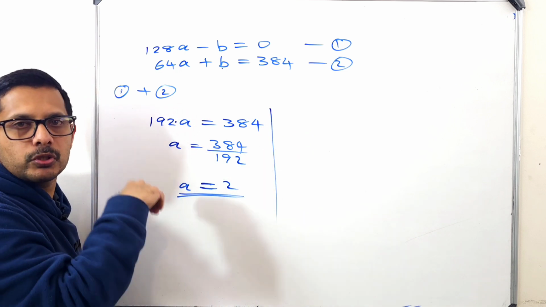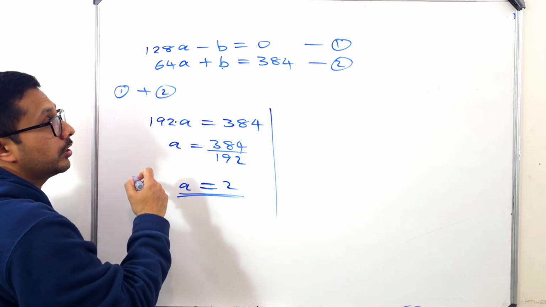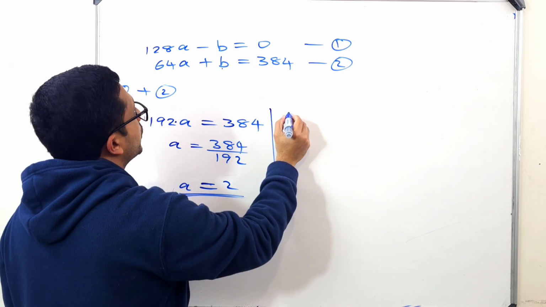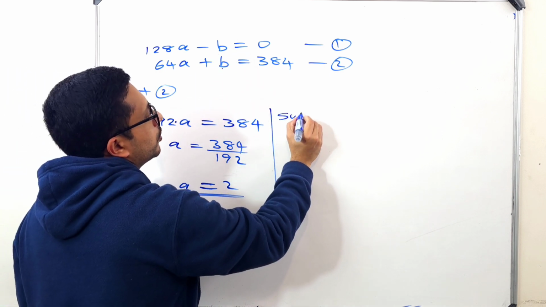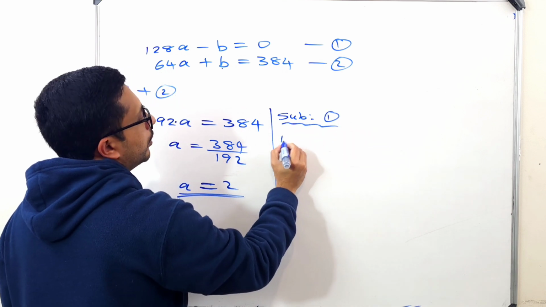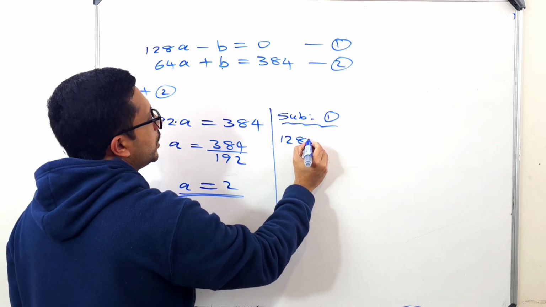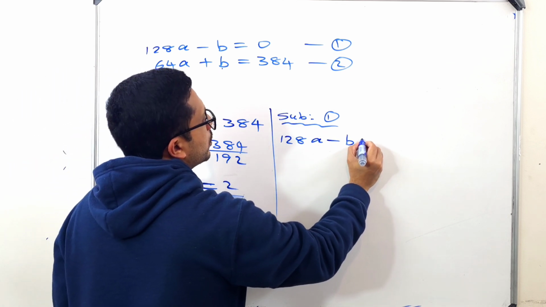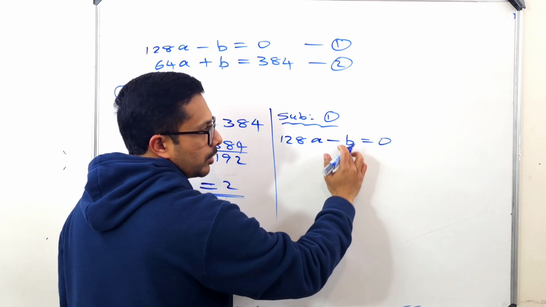Of course we can substitute in the first equation or the second equation. Look at this one. I'm going to substitute in equation number 1. So 128a minus b is equal to 0. Take this minus b to the other side.